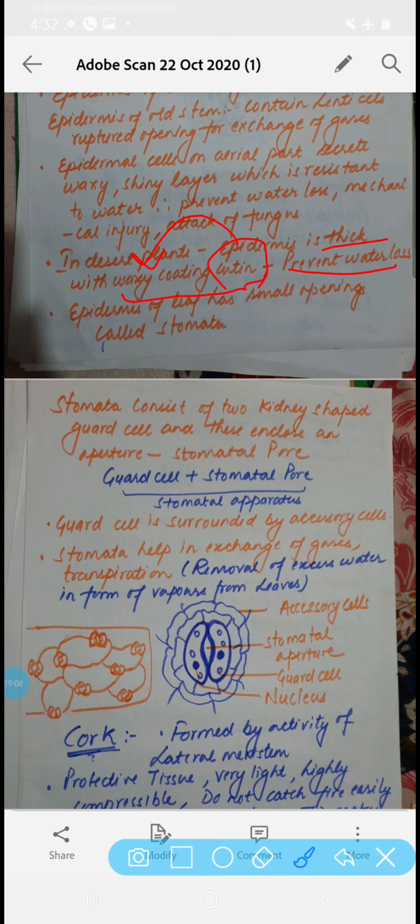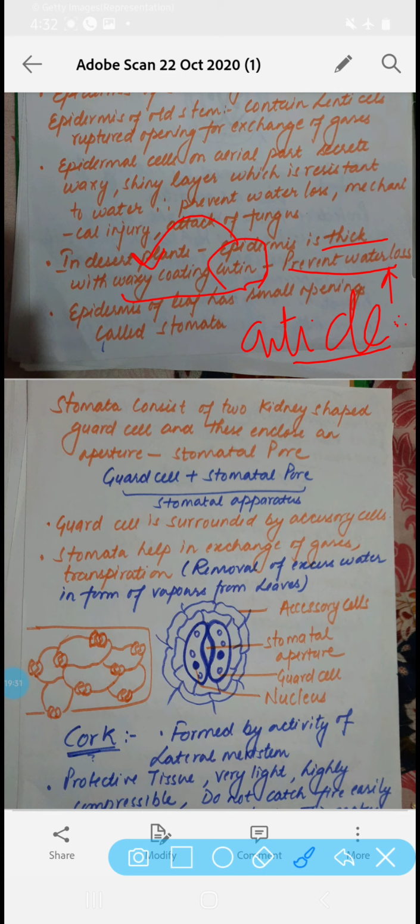Because in deserts there is water scarcity. Okay, so if there is water scarcity, they have to store the water. So this thick waxy coating, which is made up of cutin and is called cuticle, will prevent the water loss.